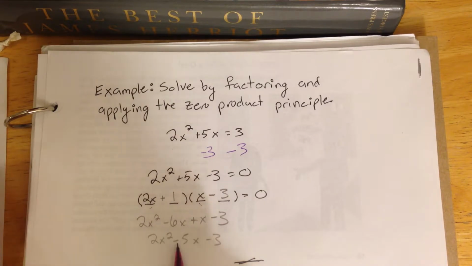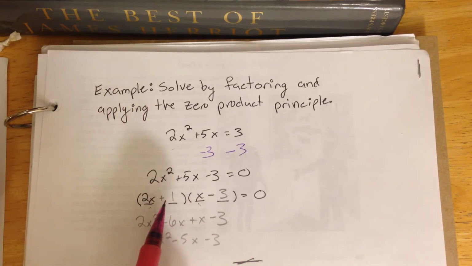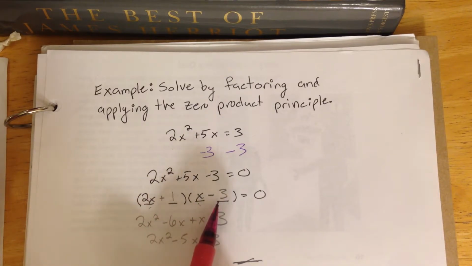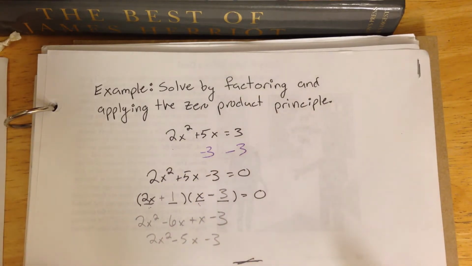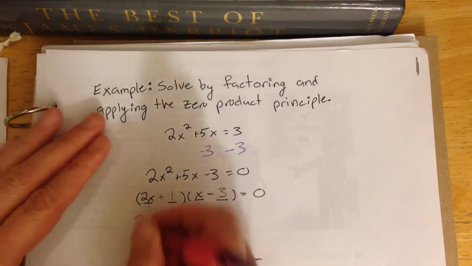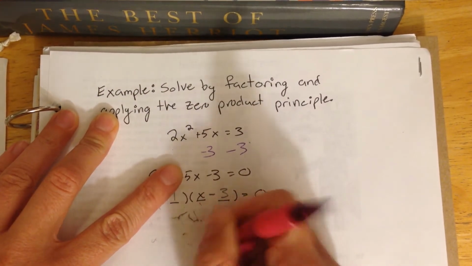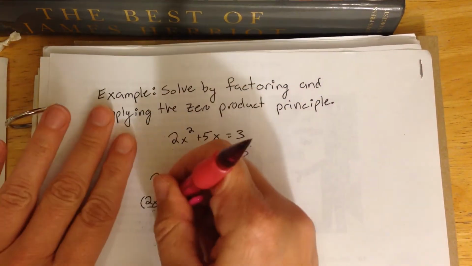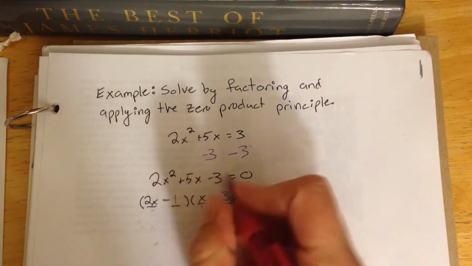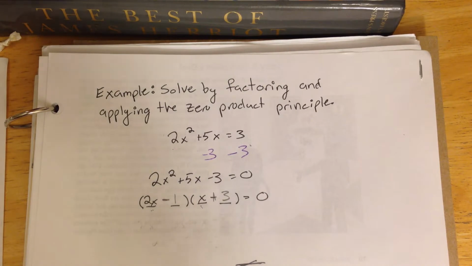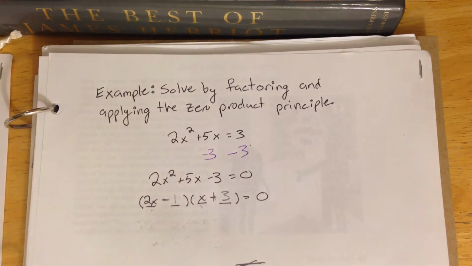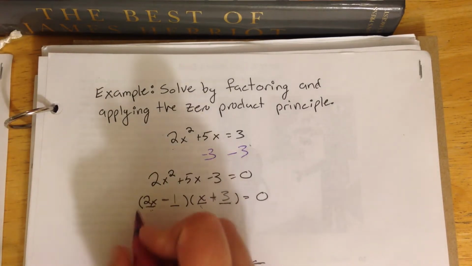Because the only thing that's wrong is the sign, I suspect that if I change this 1 to a -1 and this 3 to a +3, I'll have the correct factorization. Let's try it. Now that I've changed the signs there, I'm going to try foiling it out again and see if I get the thing that I started with.